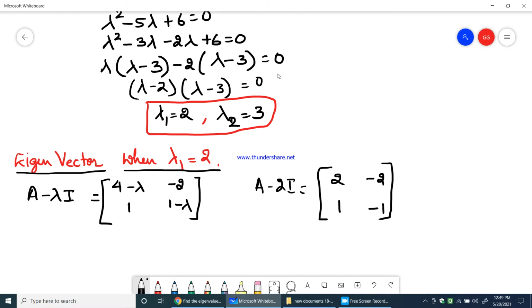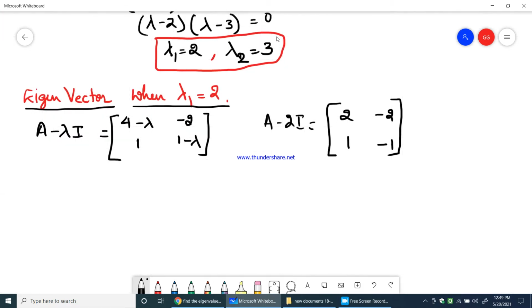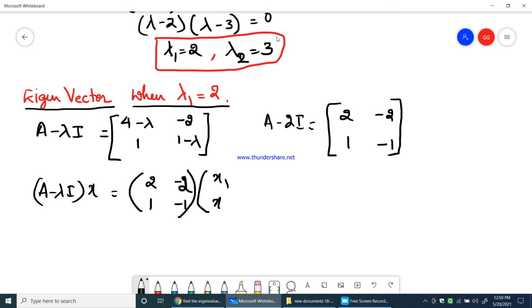After this we go with A minus lambda I into x. As it is 2 cross 2, x is a column vector with 2 rows and 1 column. So 2 minus 2, 1 minus 1 into x1 x2 equals 0.